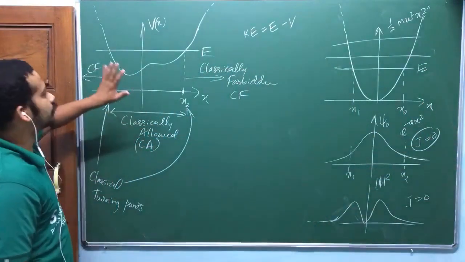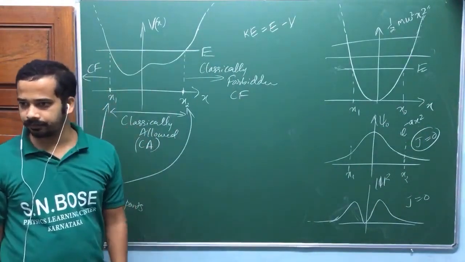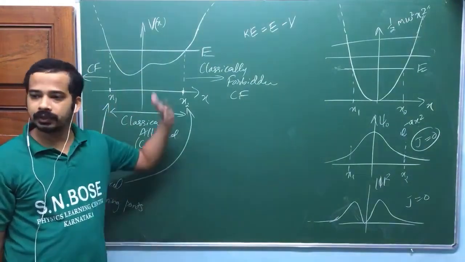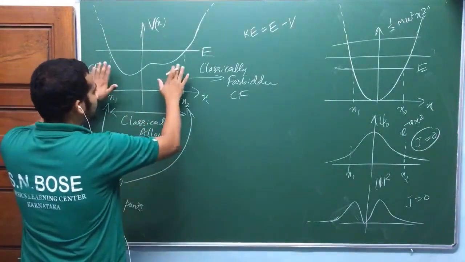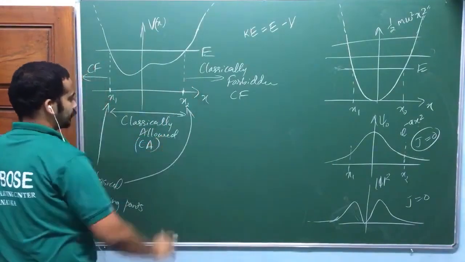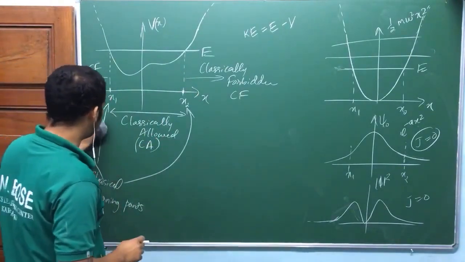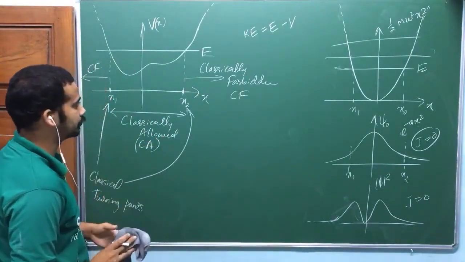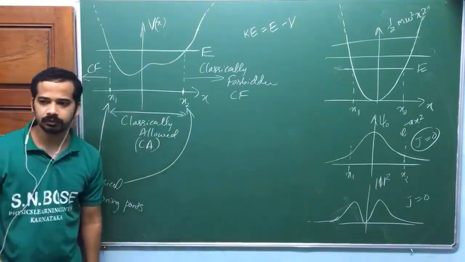Quantum mechanically also, this kind of potential will allow only a bound state, whatever energy you take. But quantum mechanically, what can happen is, the particle can exist. There is a finite probability of finding the particle in this region. So this is a classical bound state as well as a quantum mechanical bound state.